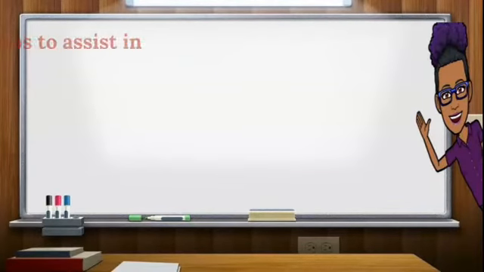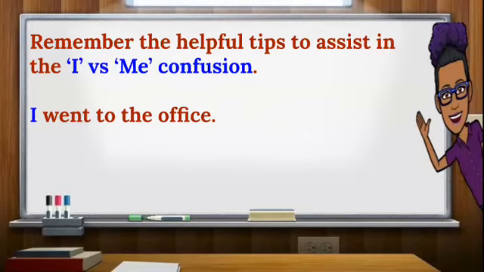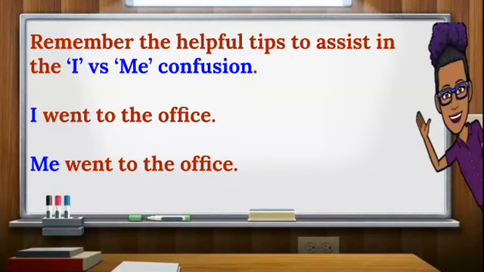So let's go to more examples. Now let's remember the helpful tips to assist with the I versus me. I went to the office, and we have me went to the office. Here we have our subject pronoun I, then we have our verb went, and here we have our object pronoun me, followed by the verb went.